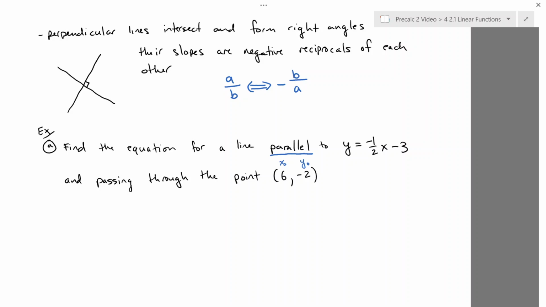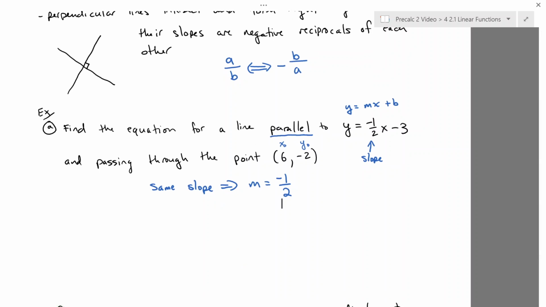In the given line, the form of the line is y equals mx plus b, where m is the slope. The slope of this line is -1/2. So parallel means same slope, which means the slope of my new line should also be -1/2.